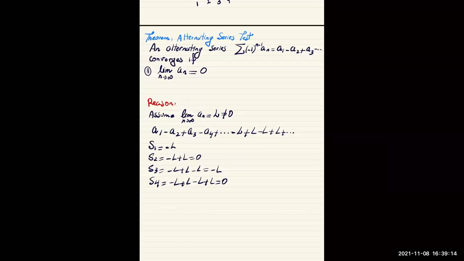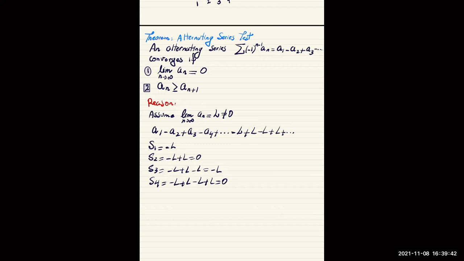The second requirement says that a sub n should decrease. That is the same as saying a sub n should be greater than or equal to a sub n plus 1. This means that the sequence should be non-increasing.